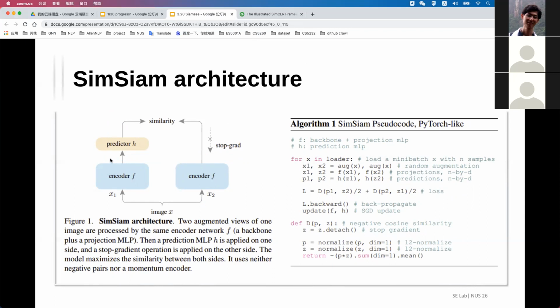And then he swaps the input. Here he gets the P2 and the Z2. Use a different color. P2, P2, and Z2.